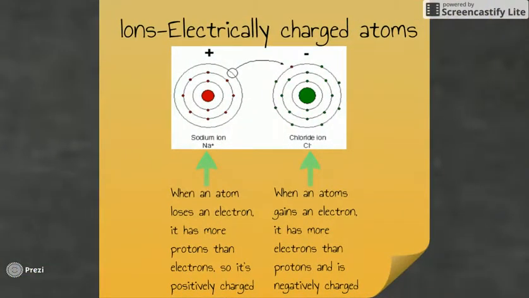Ionic compounds are a different type of compound. They are made up of ions, which are electrically charged atoms. When an atom has more protons than electrons, it is positively charged, like this sodium ion right here. When an atom has more electrons than protons, it is negatively charged, just like this chlorine atom.